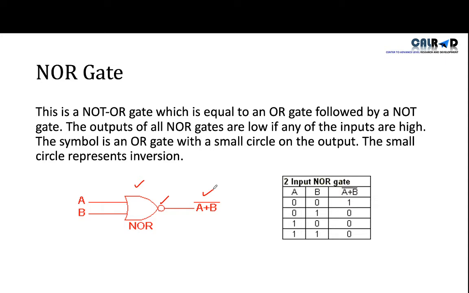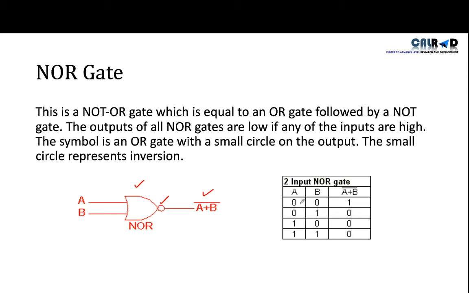In NOR there should be at least one 1, because it is written that the output of all NOR gates is low if any of the inputs are high. If there is even a single 1 there, the output will be 0.